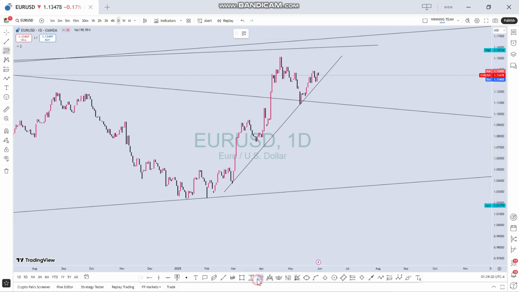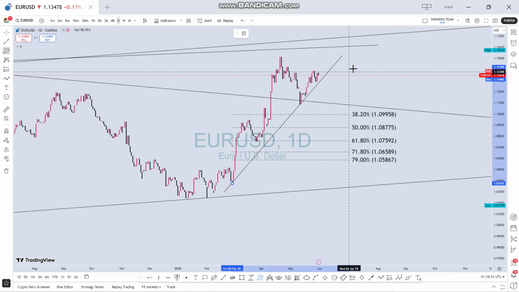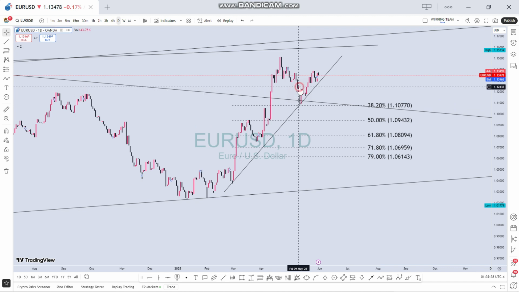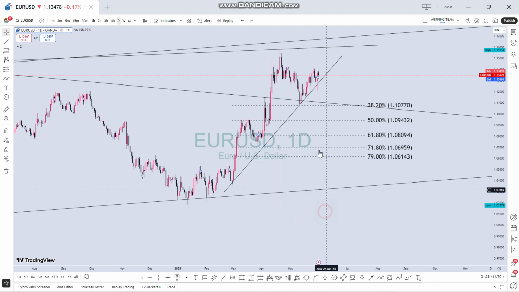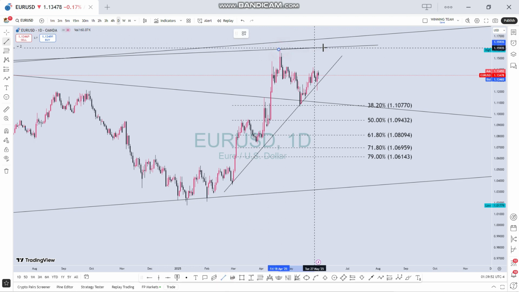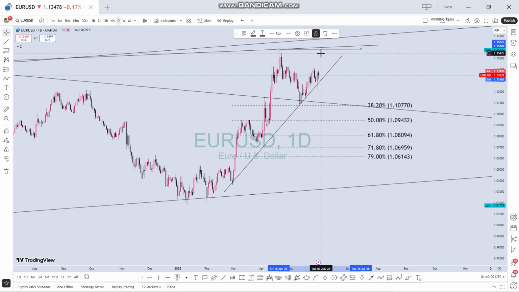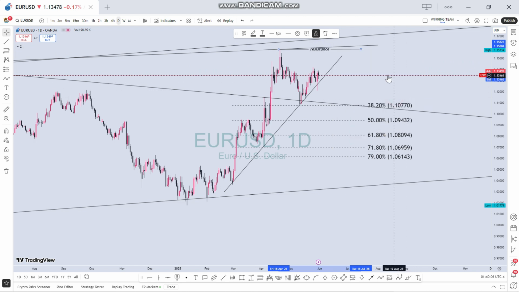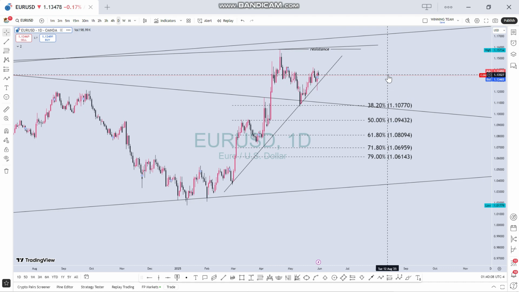And then if we take our Fibonacci to measure the wave from down there all the way to up there, we can see we have our 38% here, which, if we turn on our wicks on our candlesticks, we can see that the market did tap on the 38% and then start the rejection and start buying. We are still looking to hit the upper level, which is the resistance that we created. So the market might still need to revisit that resistance up there. But we cannot jump into conclusion again, because remember, guys, trading is not predictive but reactive. We can only react when the market starts making moves.